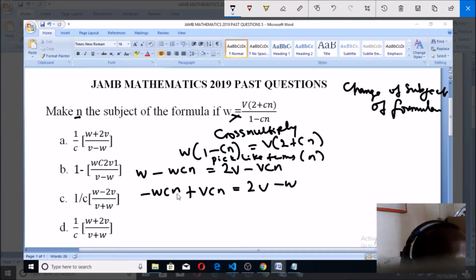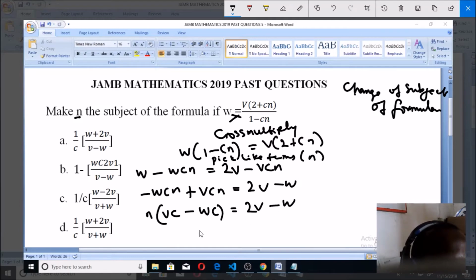So you can see we have n here, we have n here. So you can take out n. So if you take out n, you simply have n into bracket. Because there is minus here and there is plus here, just write this one first, so that you have vc, you're taking out n, minus what will be remaining here after taking out n will be wc equal to 2v minus w.